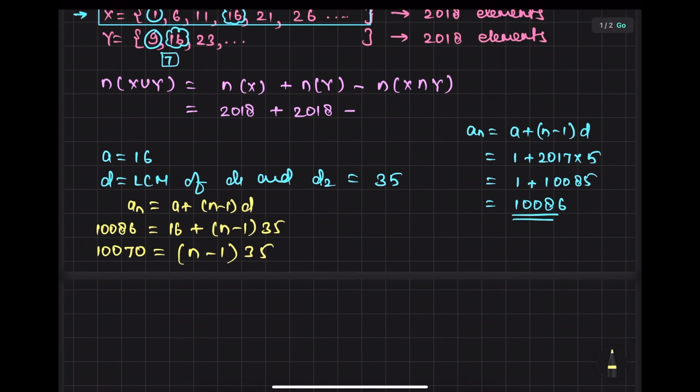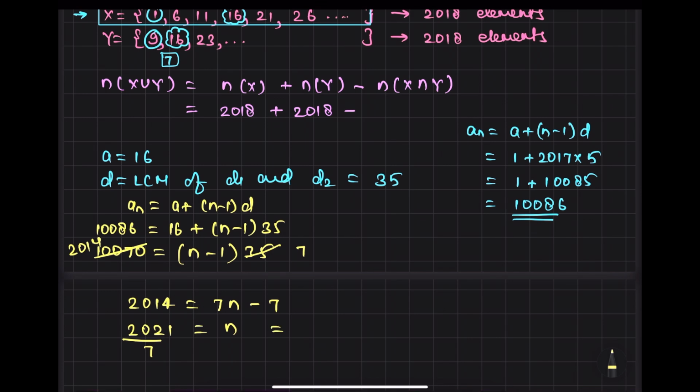Both are divisible by 5, so we simplify by 5 to get 2014 equals 7n minus 7. Moving 7 to this side, 2021 by 7 will give the value of n.